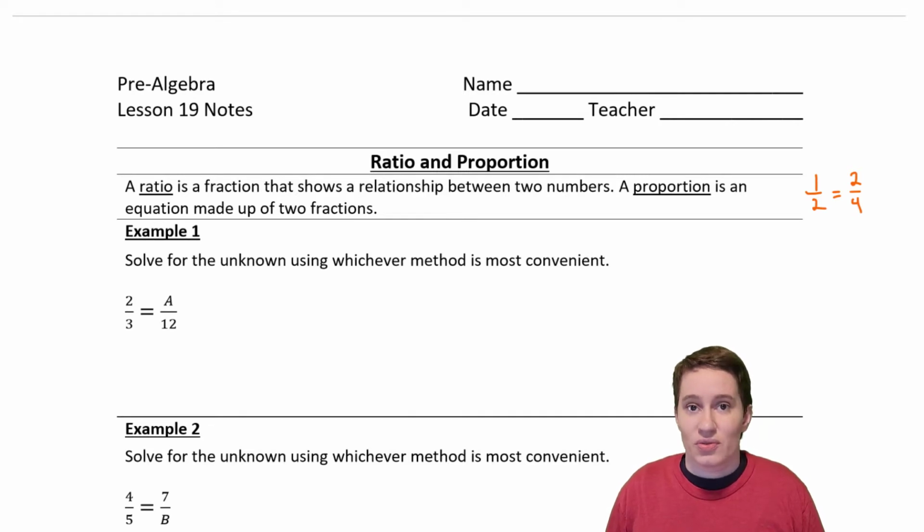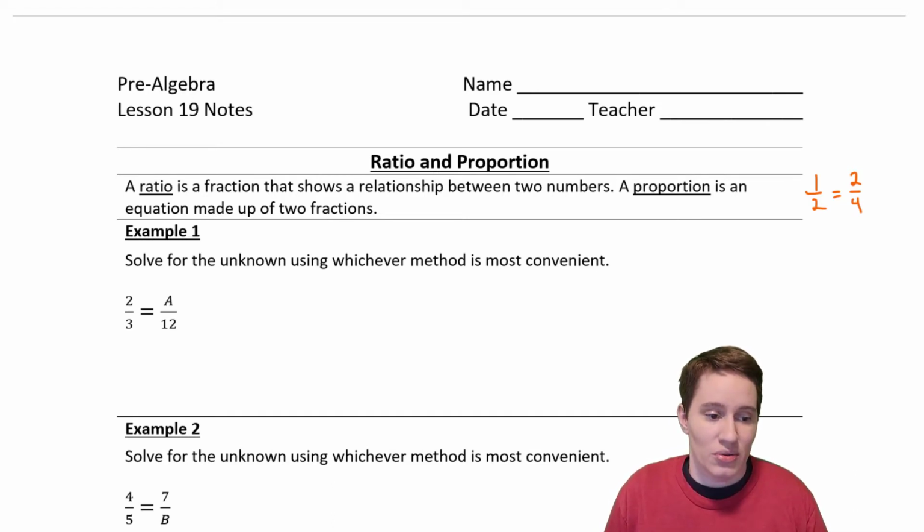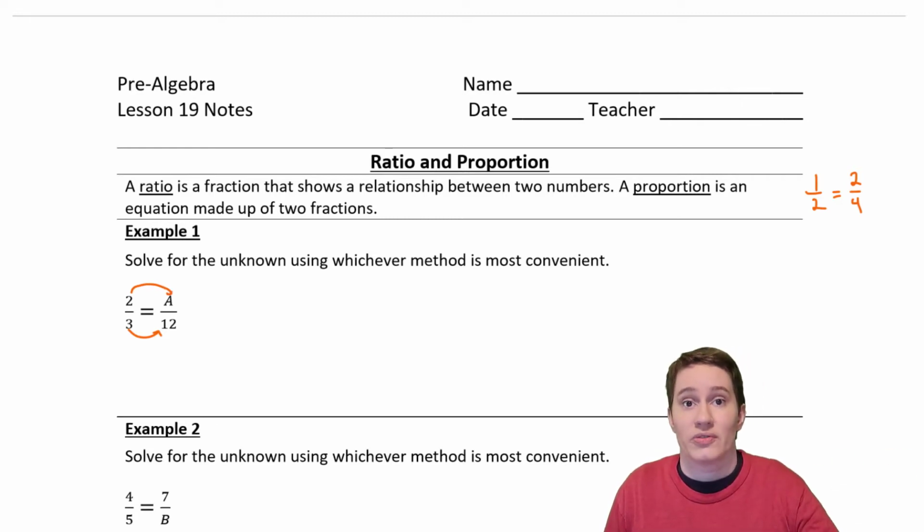There are 3 different ways we can do it, and the easiest way, if it works, is to compare the numbers you know. Because we know 3 and 12, we can ask, how would I change 3 into 12 using multiplication? Or can I do that? And if the answer is yes, how would I do that? Then we do the same thing to the other one to help us find the variable.